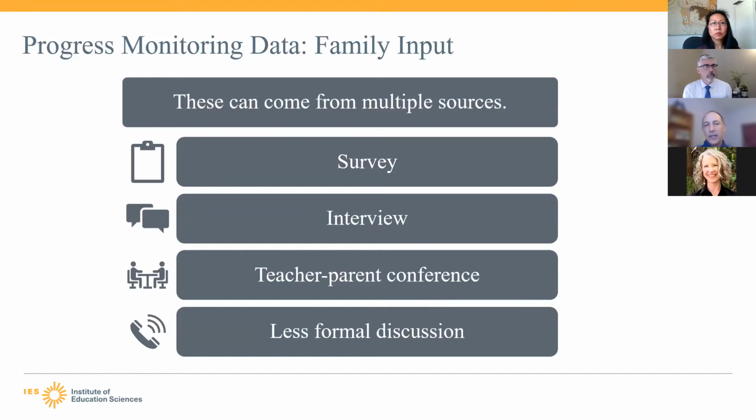Family input can come from surveys that the school or district might send home, interviews or the teacher-parent conference, and also from less formal discussion. So knowing where a student is at in terms of their English language proficiency can be informed by conversations and input from the family. Next slide.